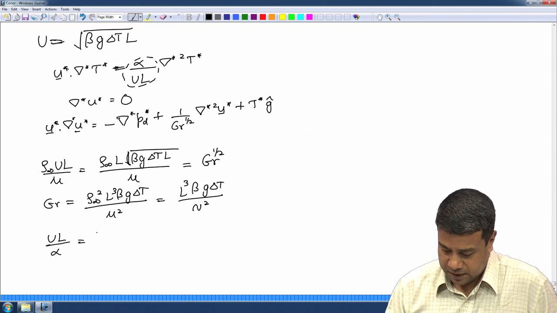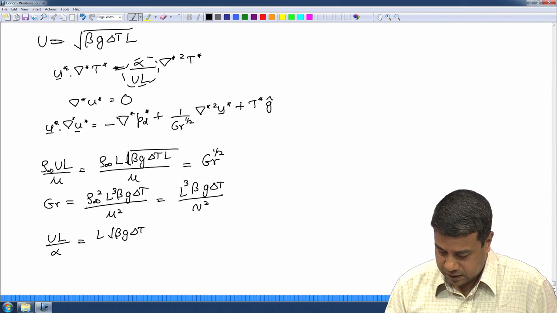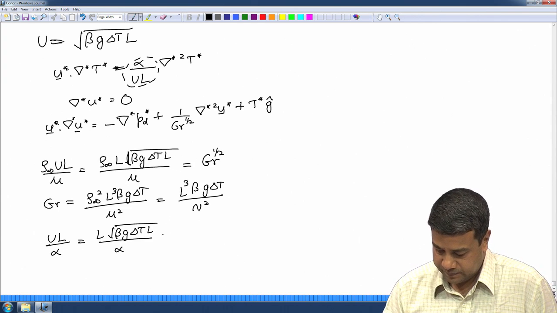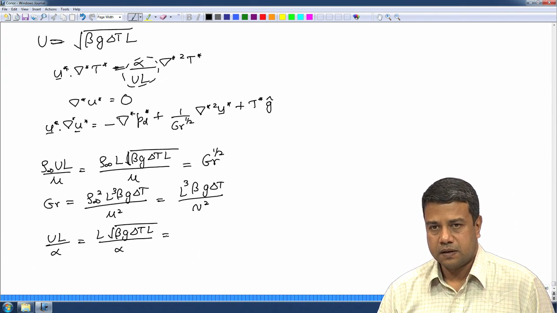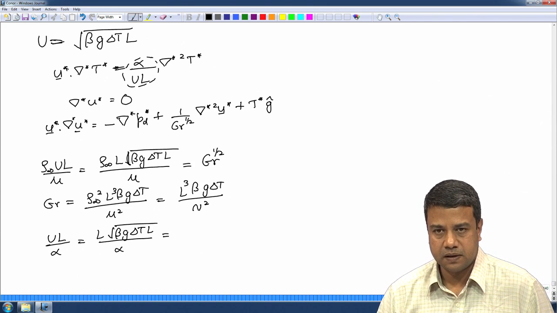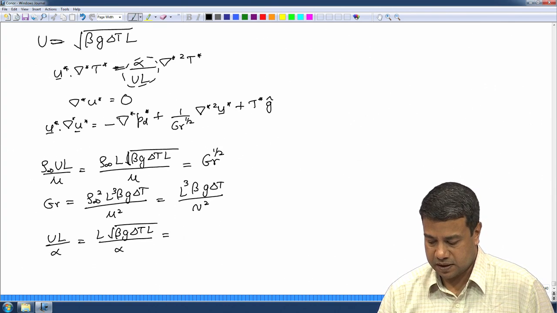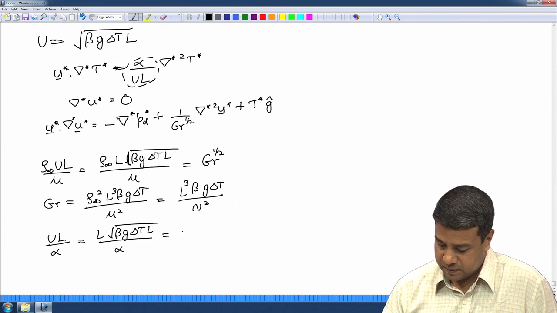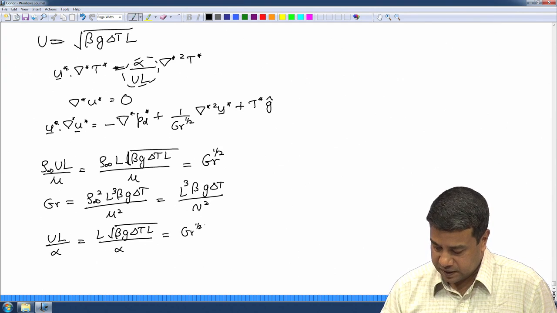is going to be equal to L root of beta g delta T L by alpha. This number will basically be equal to the Grashof number to the half times the Prandtl number.